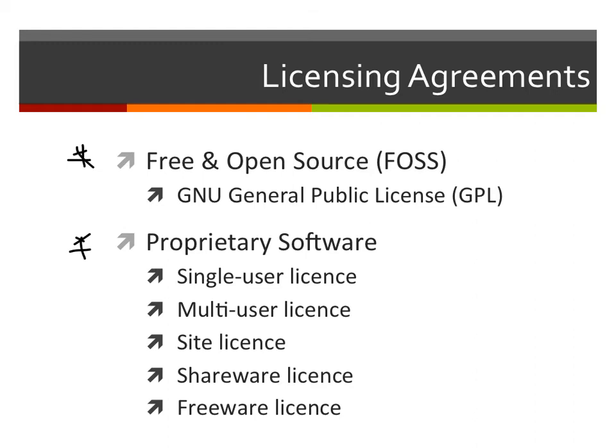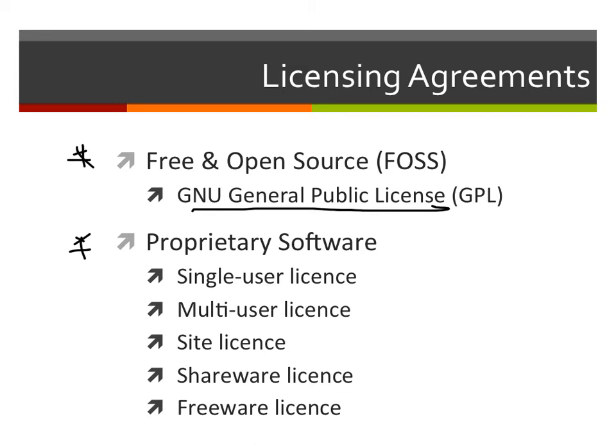In the open source and free software world, the GNU Public License, or the GPL, the General Public License, is really the main template for the license agreements for most software in this world, whether it be open source or free software.